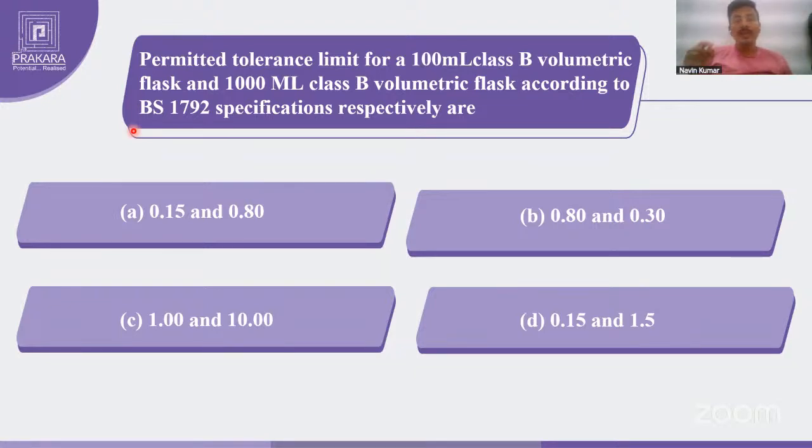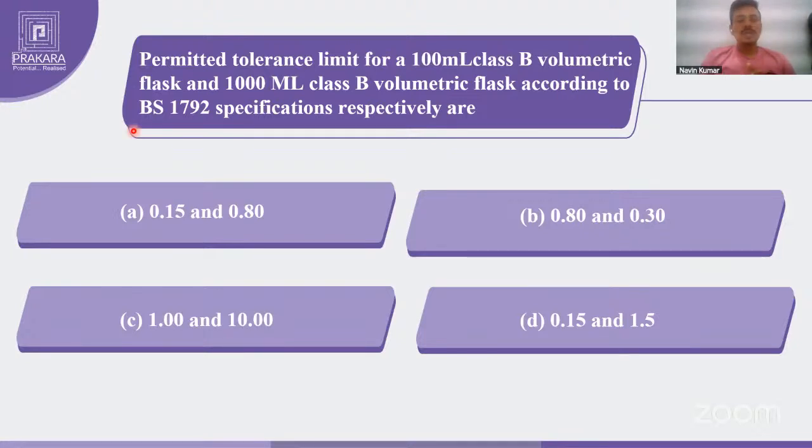This question is related to British specification 1792, and it's talking about the permitted tolerance limit. In each and every guideline, there is a permitted tolerance limit. So this is talking about the volumetric flask limit of 100 ml and 1000 ml.